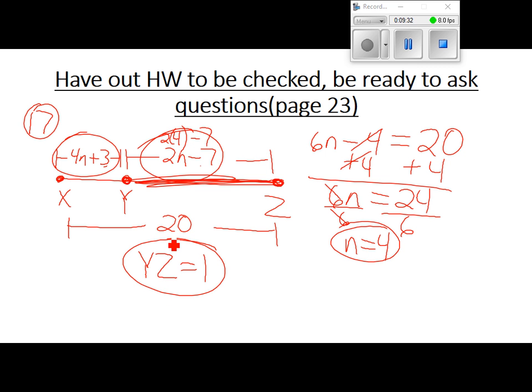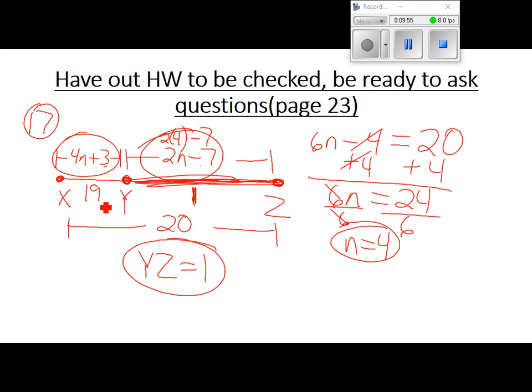When stuff comes out like that, that's probably why Silas asked, because he got an answer like 1. He thought, that doesn't look right, that shouldn't be 1. So the length of this segment is 1. How long is this segment? 19. Everybody agree with that?